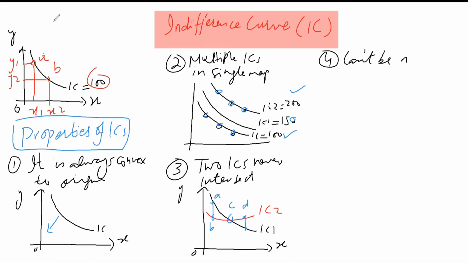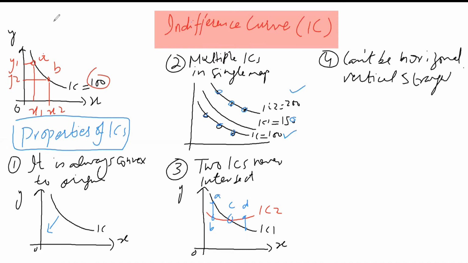The third property of indifference curve is that two ICs will never intersect each other in a single map. What does this mean? If two IC curves intersect each other, then the second property will become invalid.